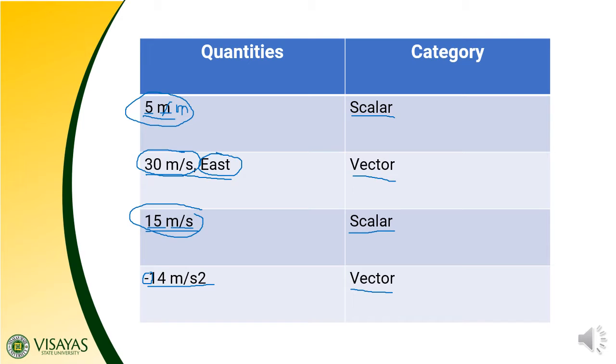Basta, in the negative direction. So we have a numerical value which is 14 meters per second squared and a negative sign that indicates the direction. So we can say that this is a vector quantity.